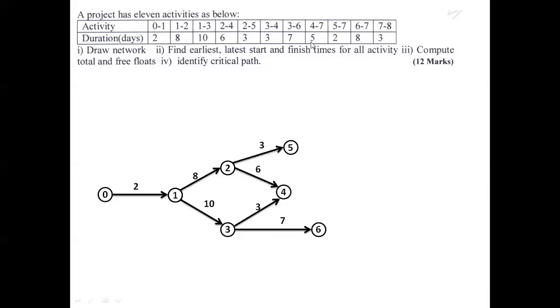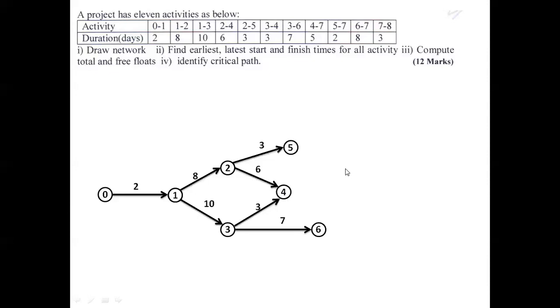The next one is 4 to 7. Please observe here 4 to 7, 5 to 7, and 6 to 7. All these three activities are having common end event, that is 7. So let us draw 7 at the center so that these three can be connected.